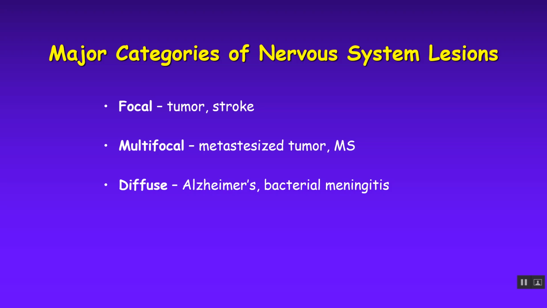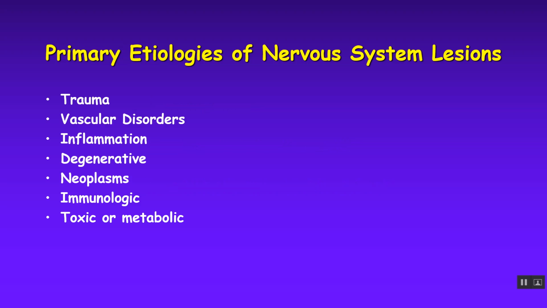That would be a multifocal lesion. Diffuse lesions are things like Alzheimer's that can cause degeneration in diffuse areas, or even like bacterial meningitis that can distribute throughout the whole meninges and cause diffuse damage across big parts of your cerebrum and so forth. So those are some major categories of nervous system lesions: focal, multifocal, or diffuse.